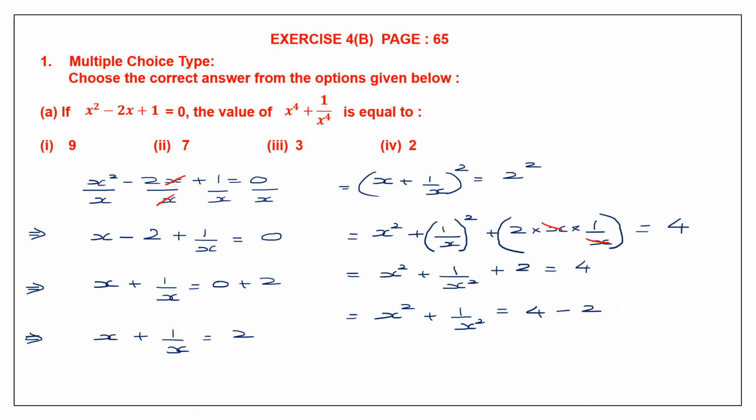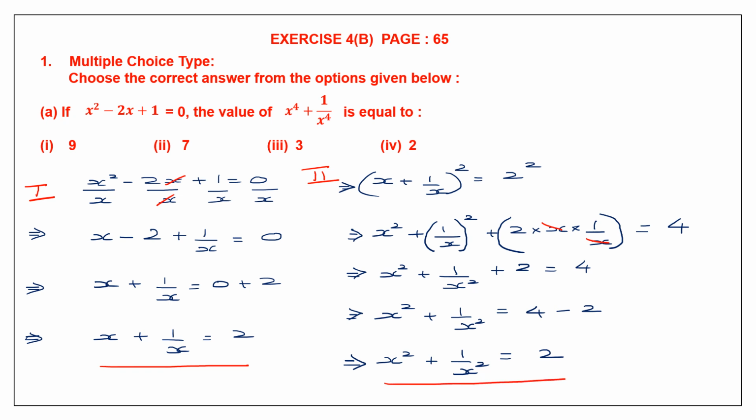So the value of x square plus 1 by x square is equal to 4 minus 2, which is 2. So this is step 1, where we found the value of x plus 1 by x. This is step 2, where we found the value of x square plus 1 by x square.